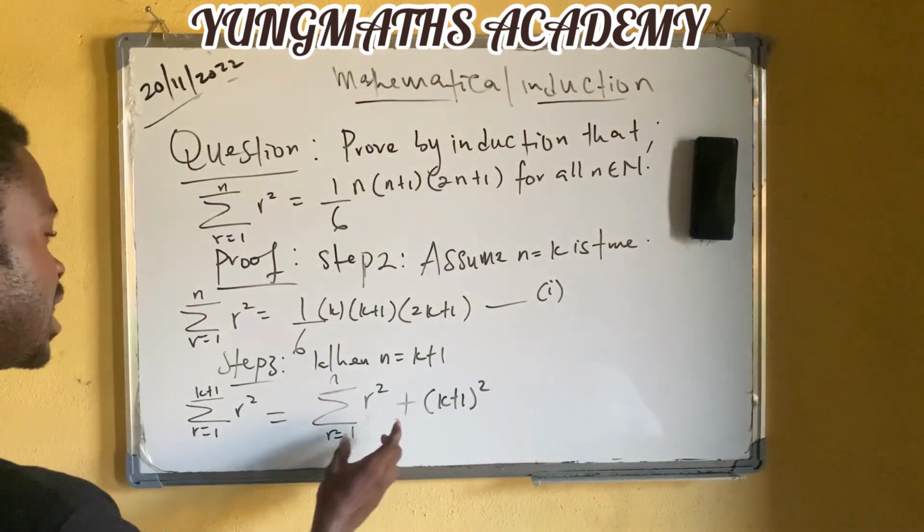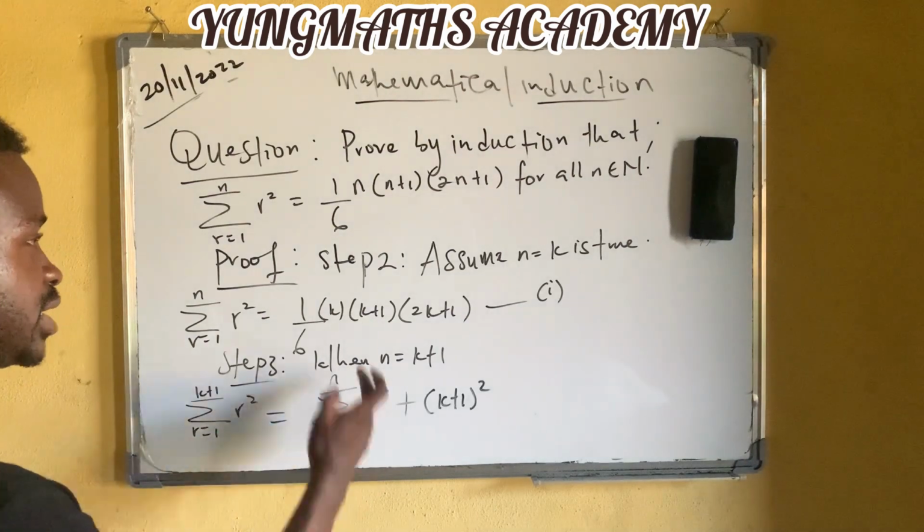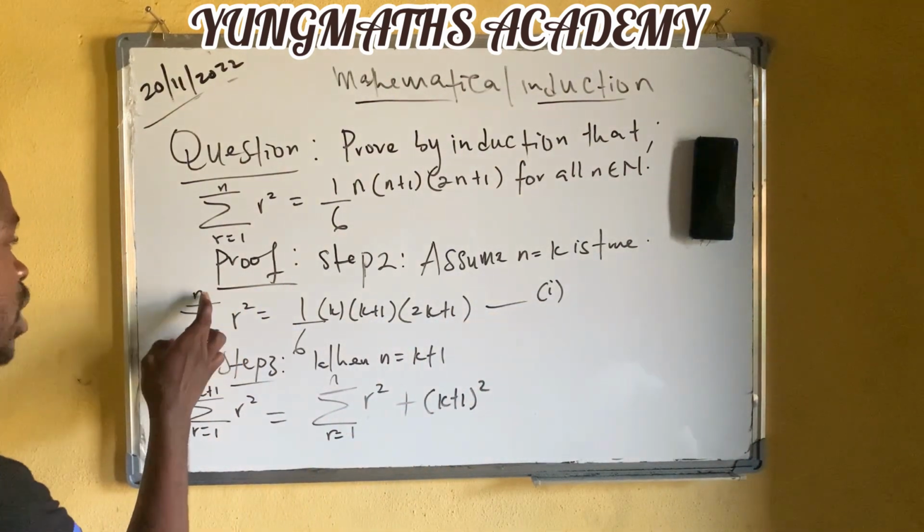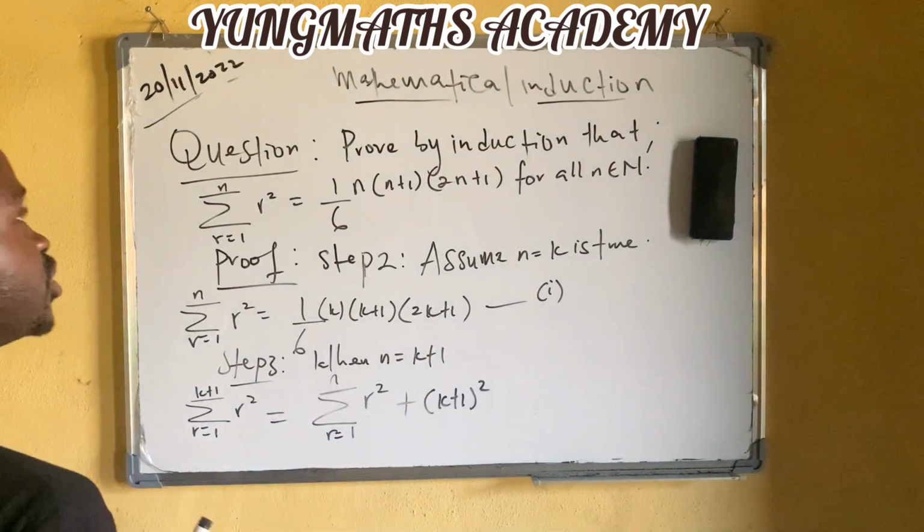From this point, I will substitute this with my equation 1, since this summation of r squared from 1 to n is this. So I can substitute that.